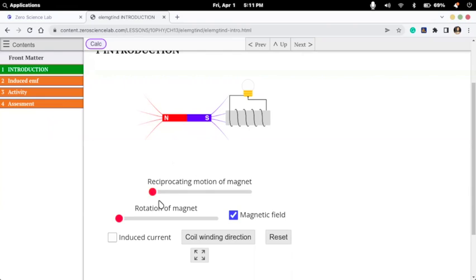Shall I move it? Yes, sir. The bulb is lighting up. The magnetic lines are interacting with the magnetic field produced by that coil, right?